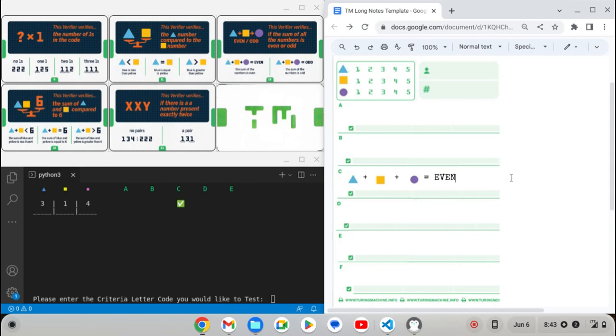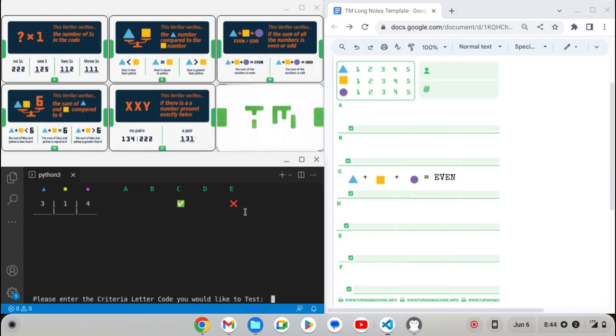Well, if you add 3 and 5 together, you get an even. So that's true of any 2 odd values. If you add them together, you'll get an even. And then because you want the overall sum to remain even, you have to have a single even. Okay, but potentially you could have a pair, and that's exactly what criteria E can check, whether there's a pair or not. So let's go ahead and test criteria card E.